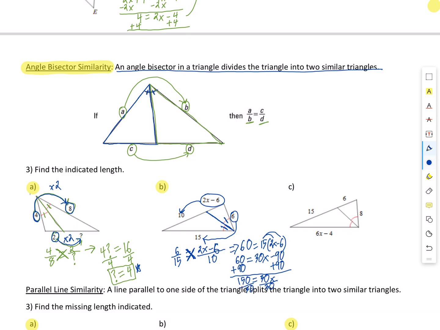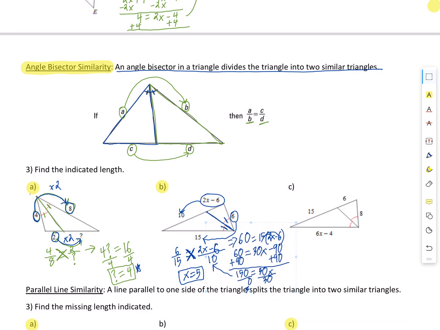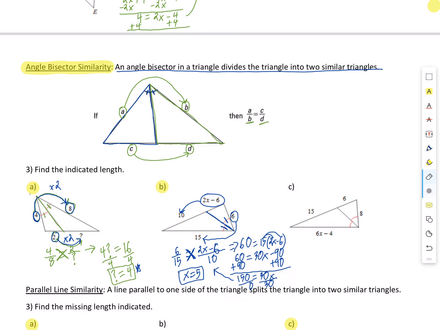So that would mean that x is equal to 5, because 150 divided by 30 is equal to 5. I'll move all this so you can see it a little better. Okay, now go ahead and give D a try and then move on to the next video.